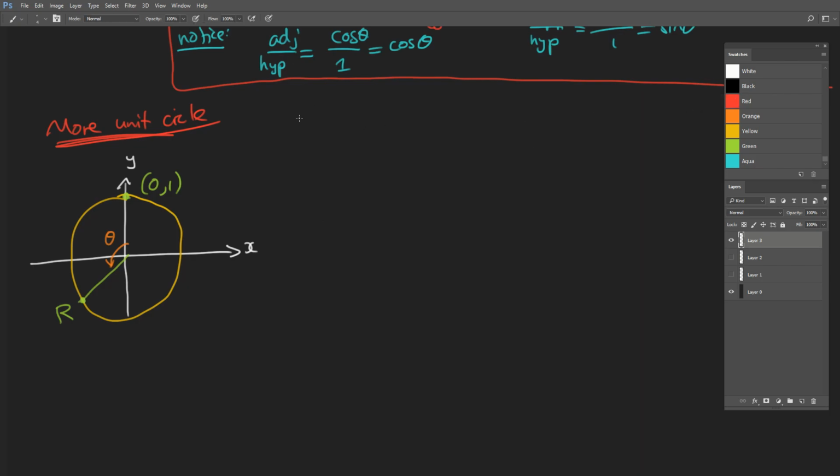There are two ways of doing this. Way 1 is to note that this angle over here is a right angle, pi on 2, which means that this whole angle is just theta plus pi on 2. Therefore, we have R as cos of theta plus pi on 2 and sine of theta plus pi on 2.